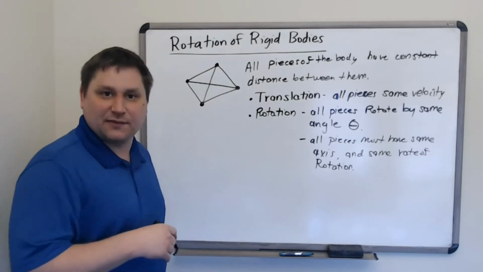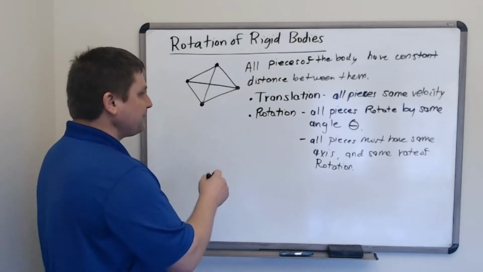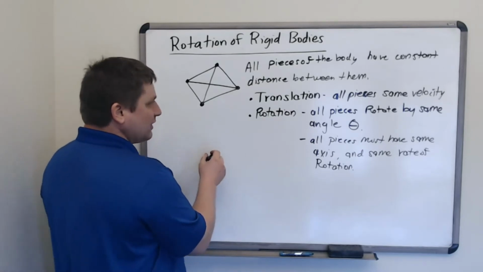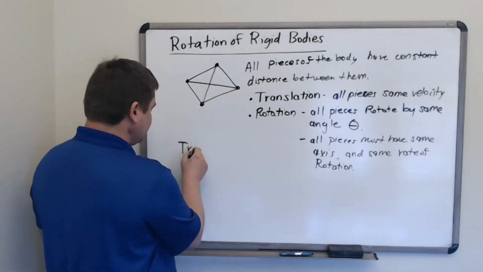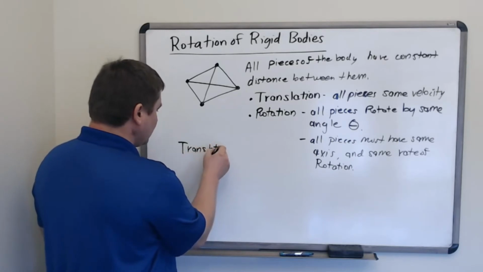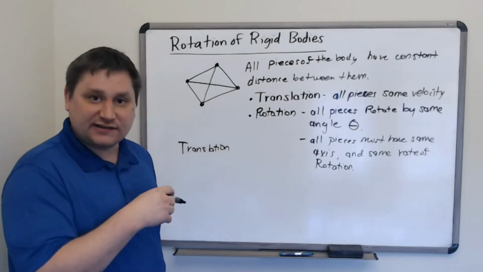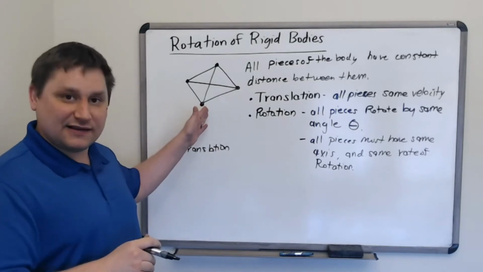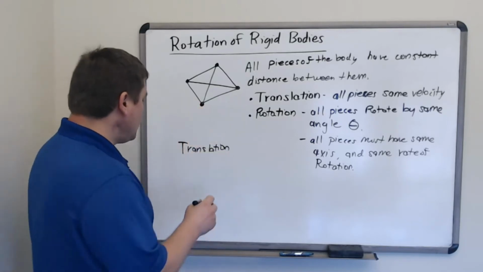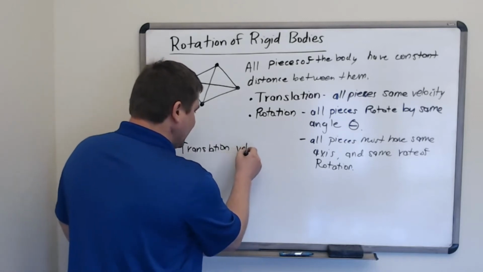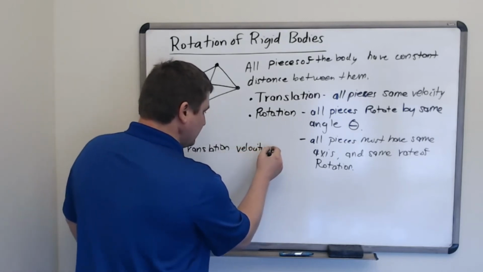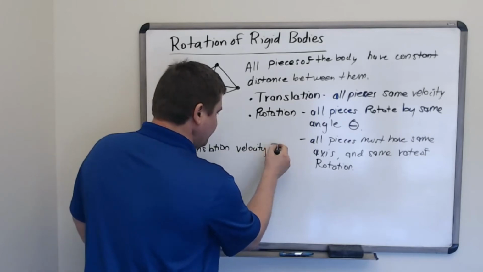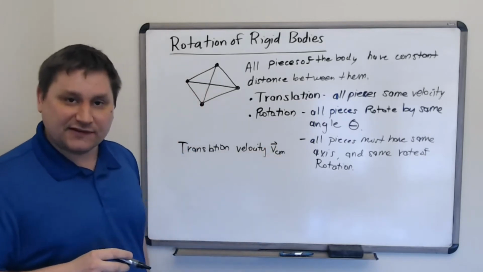Okay, so that's the two types of motion that a rigid body can execute. Now let's introduce some variables that we use to describe these. If we have a translational motion, now, to distinguish a purely translational motion from motion of the pieces that might result from a rotation, we'll call the translational velocity v with a subscript cm.